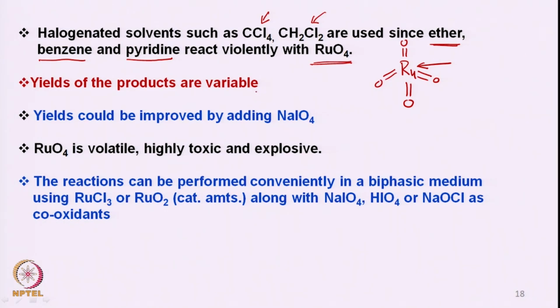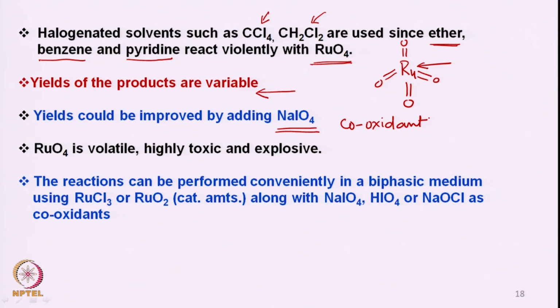Unfortunately, the yields of the products are variable, that means it depends on substrate to substrate, but at the same time it has been found that if one adds sodium metaperiodate as a co-oxidant, the yields can be improved.